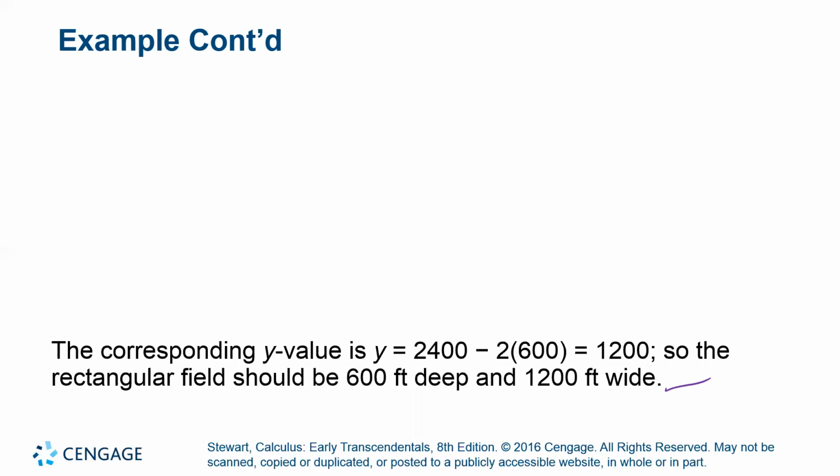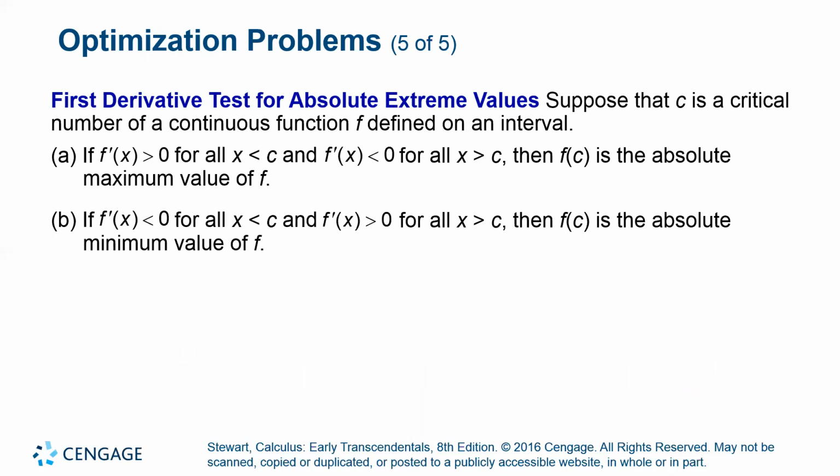Absolute maximum and absolute minimum. Remember, we say we can use it to find local maximum, local minimum, but we also have it for the absolute extreme values. Okay. So c is always your critical number.